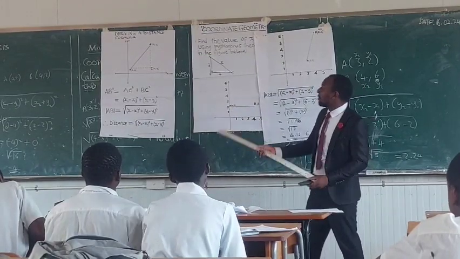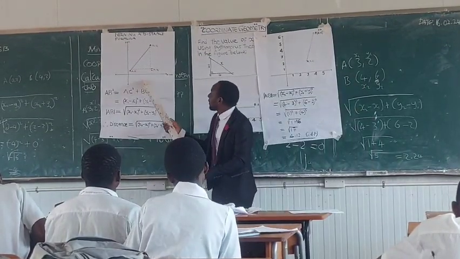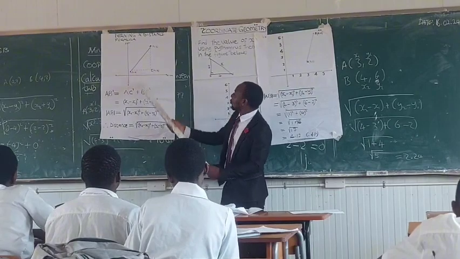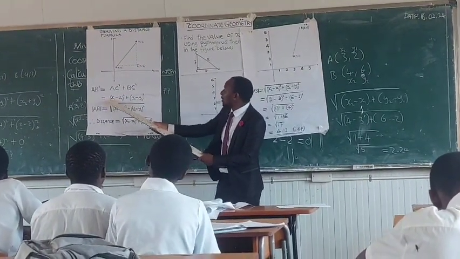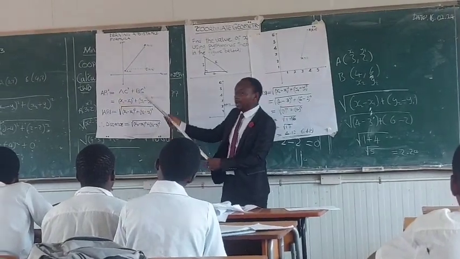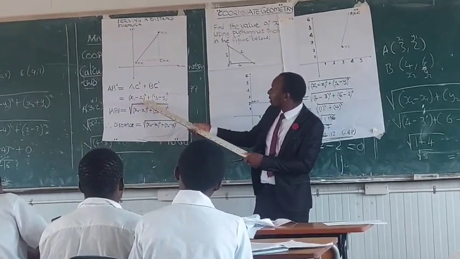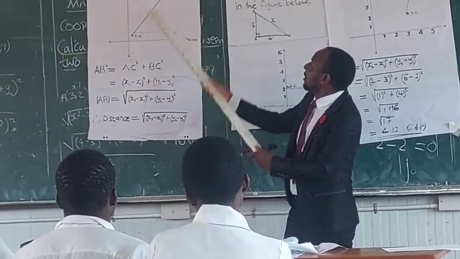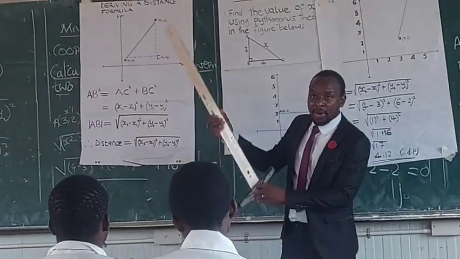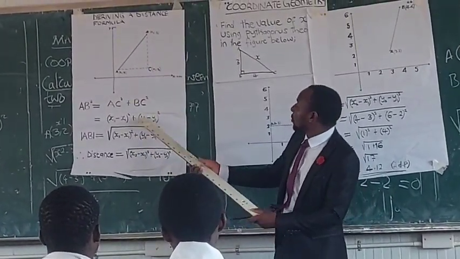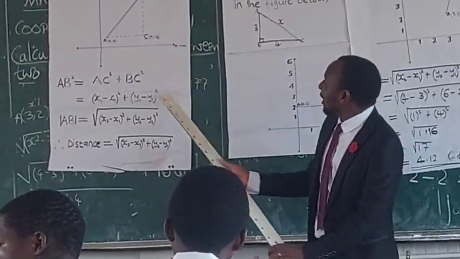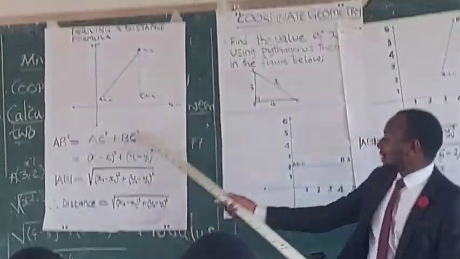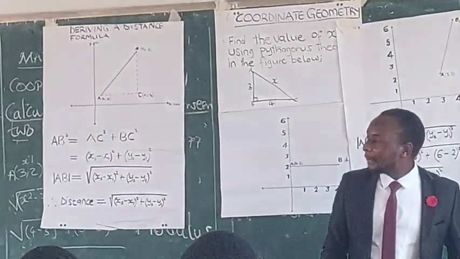So we do the same here: x2 minus x1, we put it in this bracket, squared, plus this other side in the y-axis plane, y2 minus y1. We square it as well, just like you can see there.